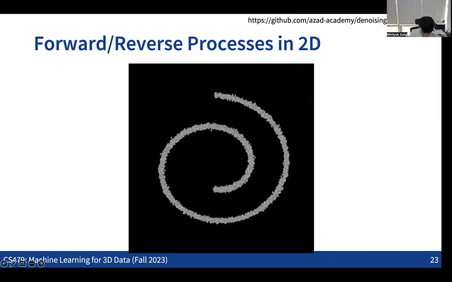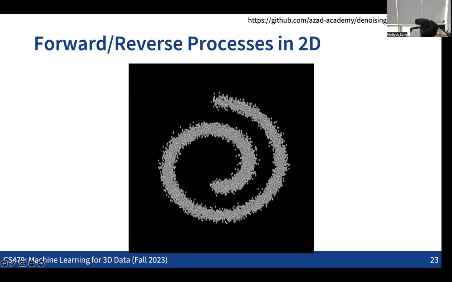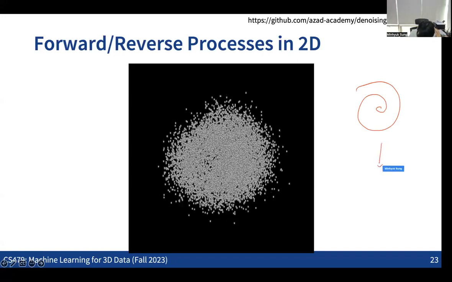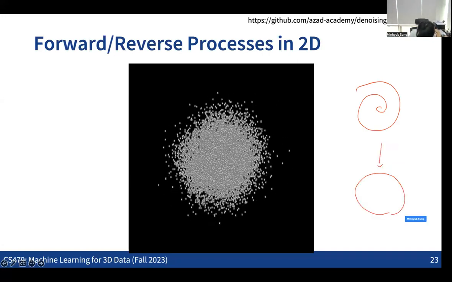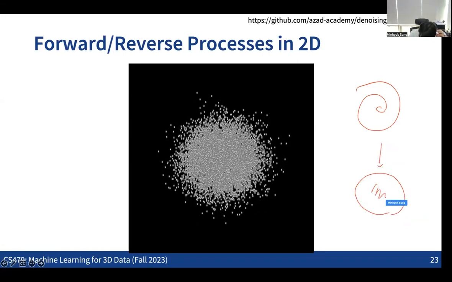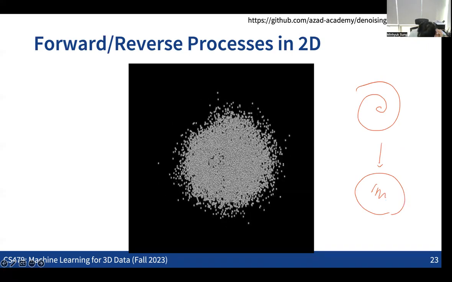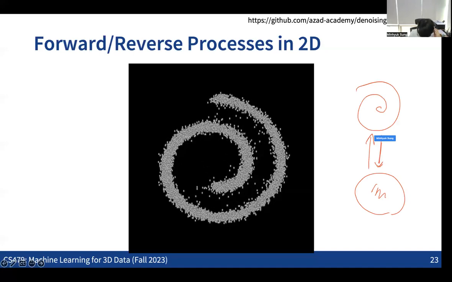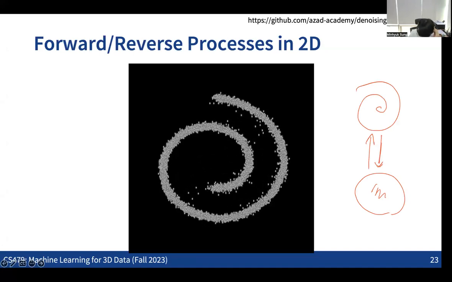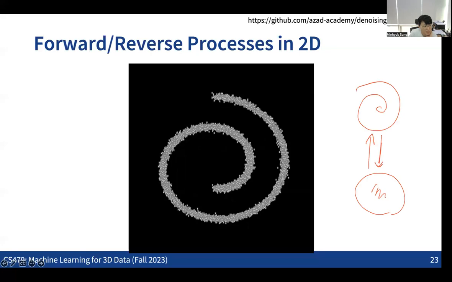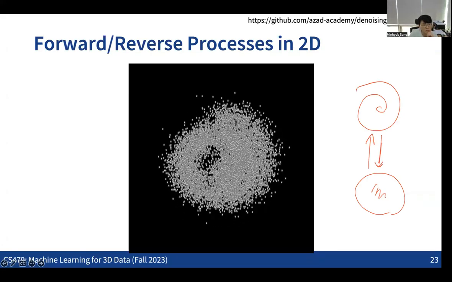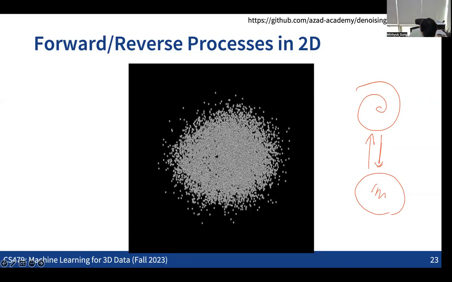Let's say this Swiss roll is the data distribution, and we map it into the unit Gaussian. If we can also do the inverse mapping from the unit Gaussian to the data distribution, then we can sample from the 2D Gaussian and map it into one of the points of the data distribution. That's basically what we are going to do.